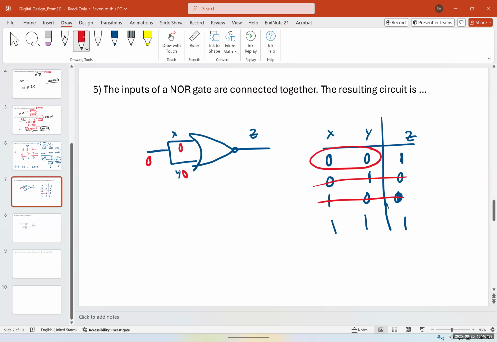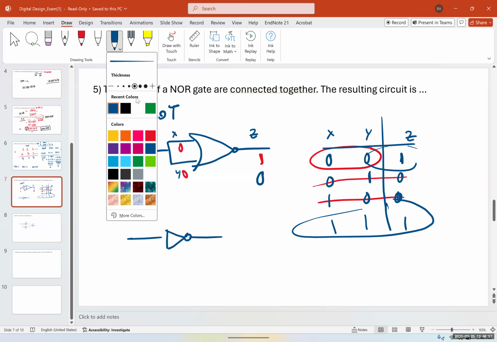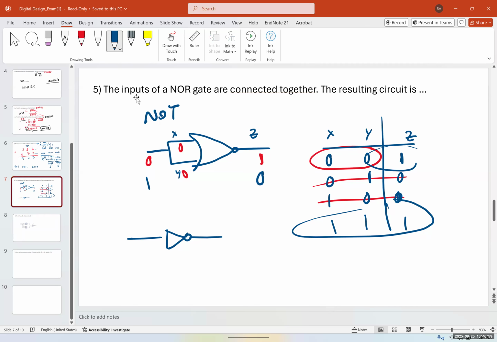When the input is 0, the output would be 1. When the input is 1, the output would be 0. So this is equal to a NOT gate. Is it clear?